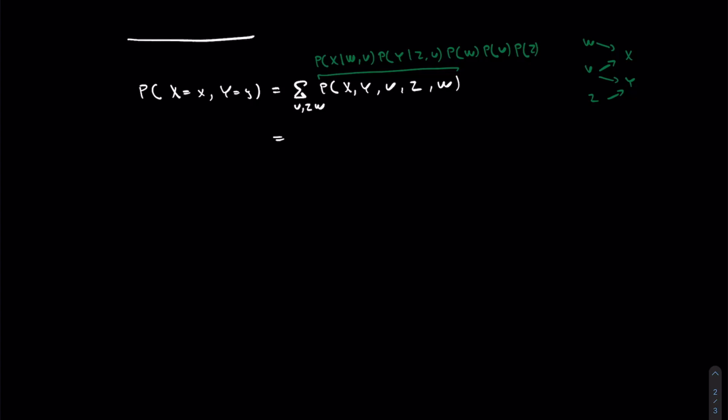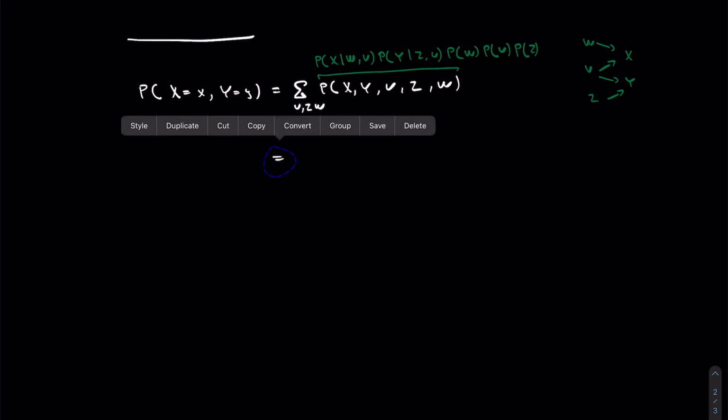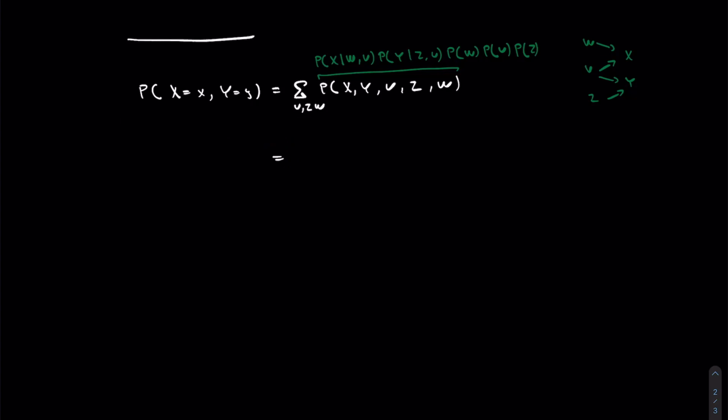Basically, you think about this problem in a similar way as we thought about the first solution, but you think about the relationships between V and W and V and Z a bit more to get them accounted for. So let's do that.